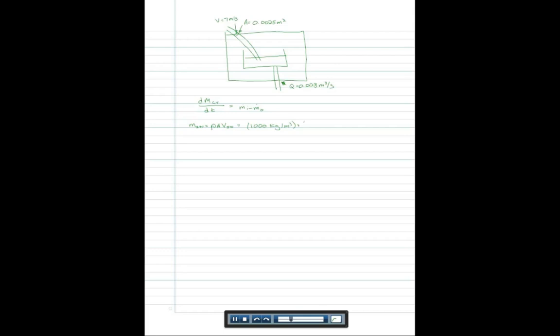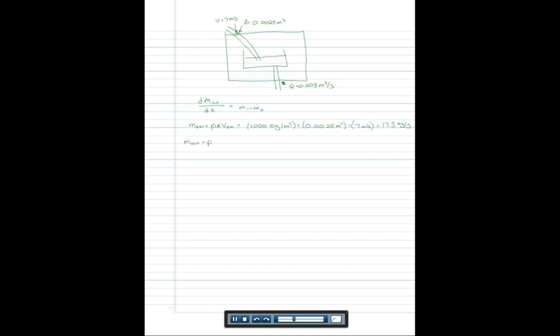And we know from the given information that the cross-sectional area is 0.0025 meters squared. And the velocity is 7 meters per second as it enters the tank. And so altogether that is 17.5 kilograms per second.